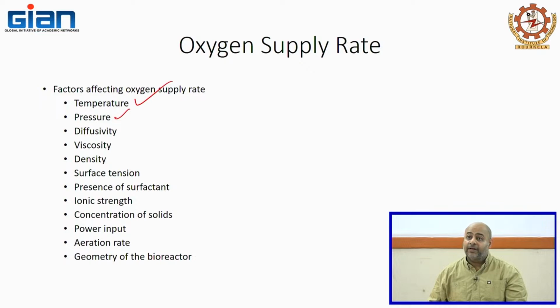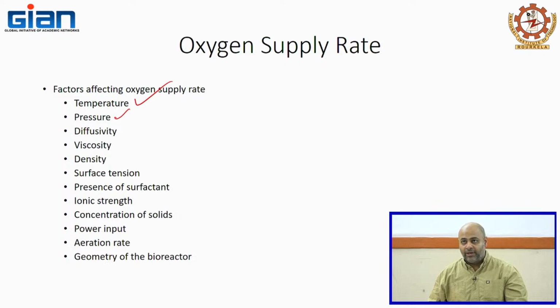Presence of surfactants can impact oxygen transfer. The ionic strength can impact the oxygen transfer. The concentration of solids can impact oxygen transfer. Power input, less power input, that means less agitation. More power input, higher agitation. Aeration rate. Higher the aeration rate, you will be maintaining more OTR.